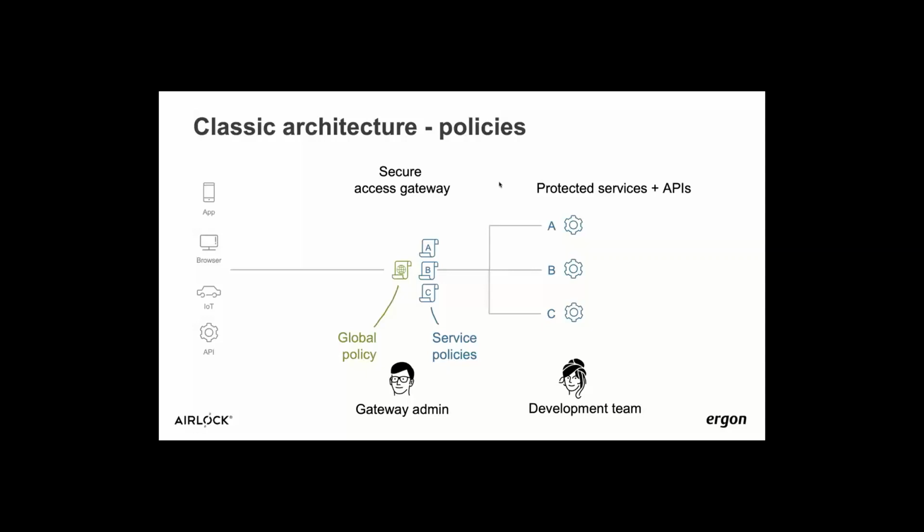That's the blue ones here. Global policies may, for instance, be threat intelligence feeds that allow you to block access from malicious clients, and you want to block that for all services. Or you may have a Let's Encrypt service included that can be used for different services.